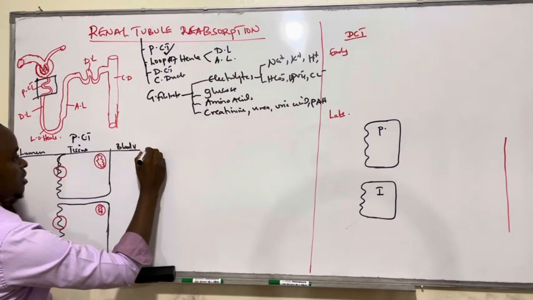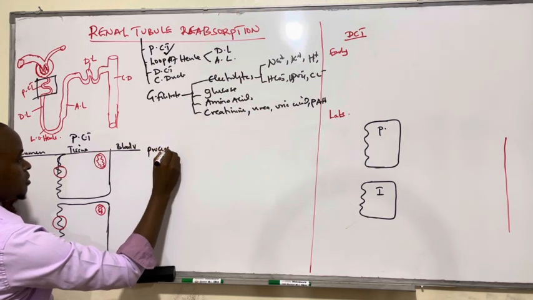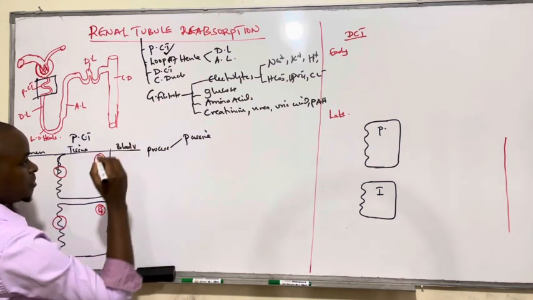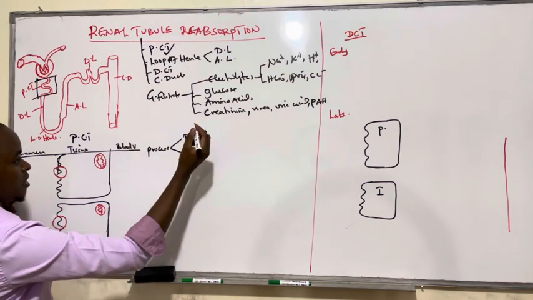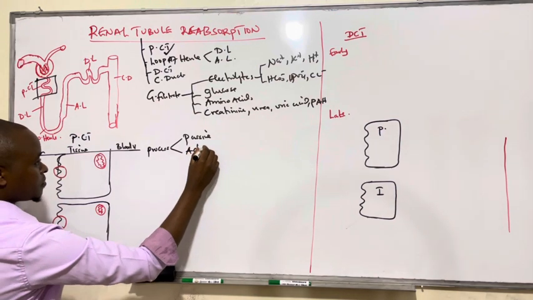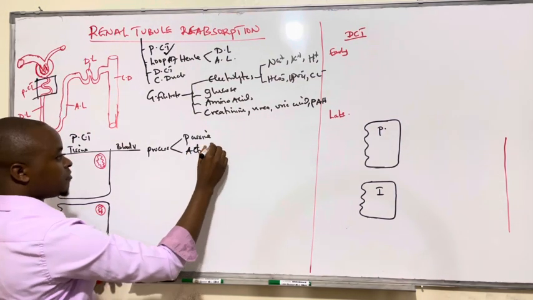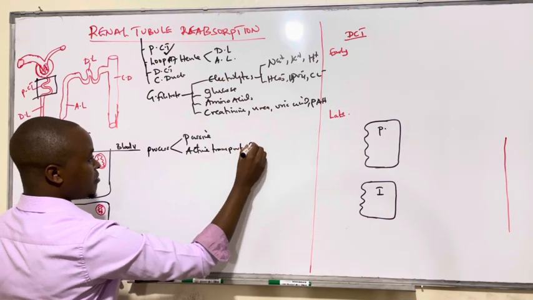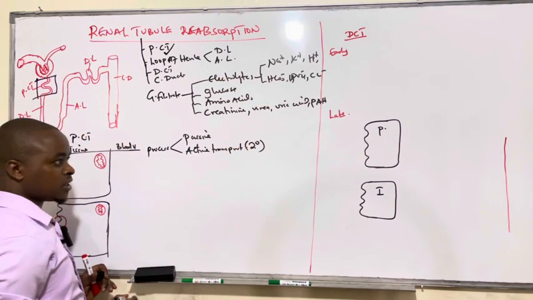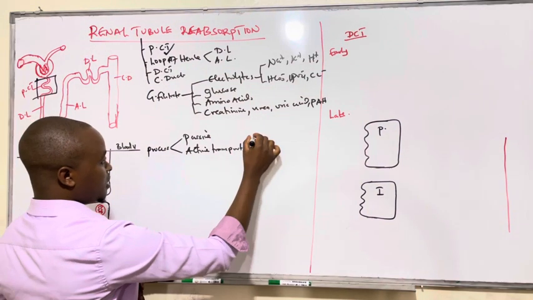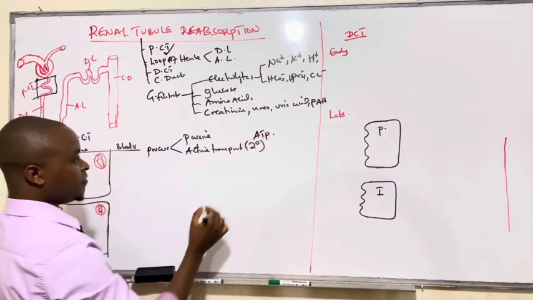We shall have passive diffusion, so substances can be reabsorbed by passive diffusion. They can also be reabsorbed by active transport, and this active transport shall be majorly secondary active transport, where the ATP is indirectly involved.